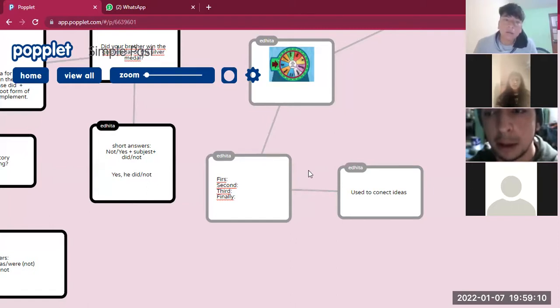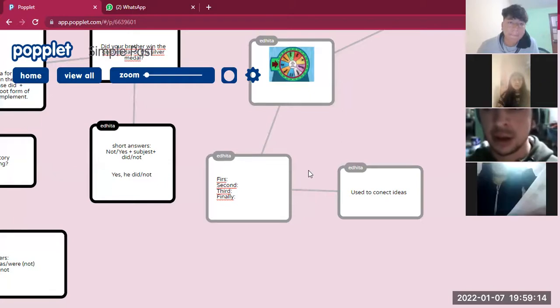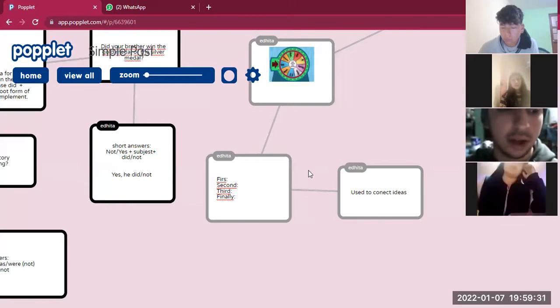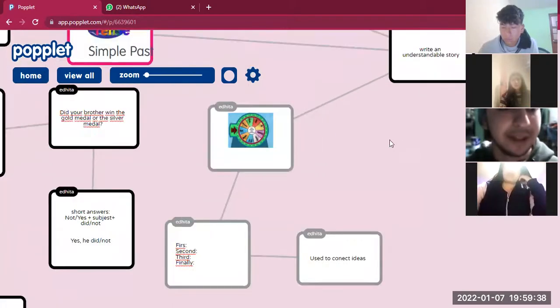For example, I can say, first, I was in the park. Second, I went to the cinema. It's very important. It sounds more complete, much better. We are connecting two ideas.